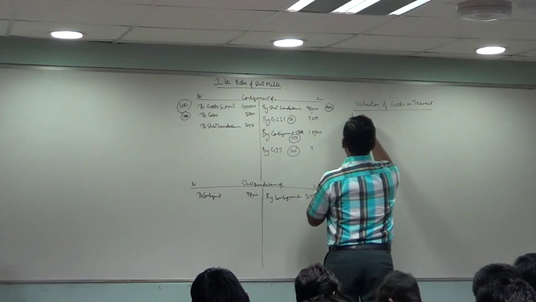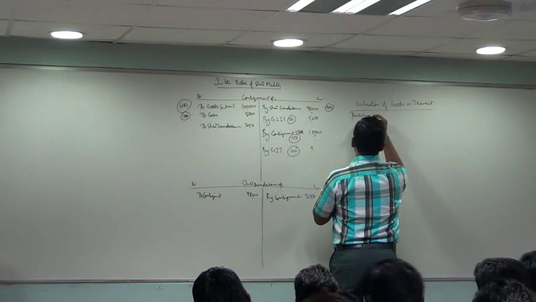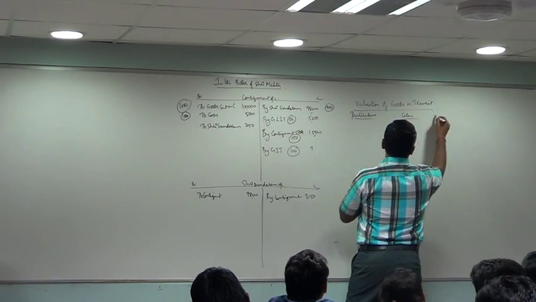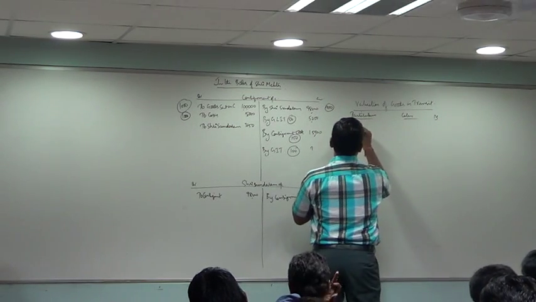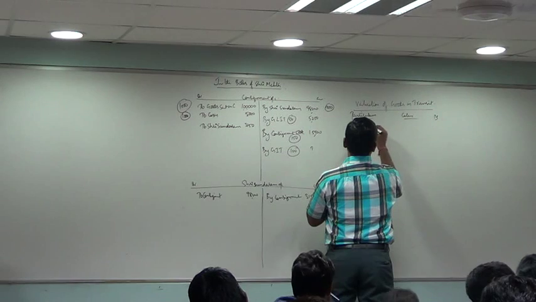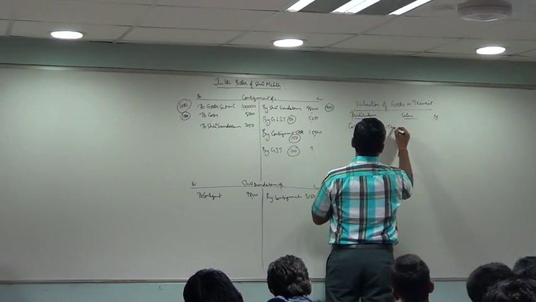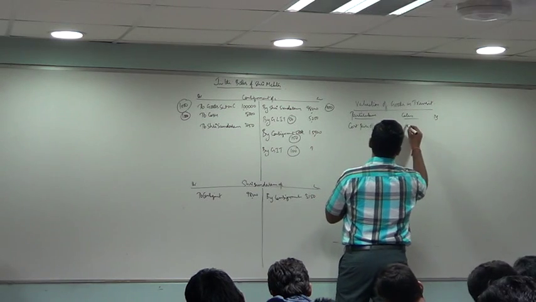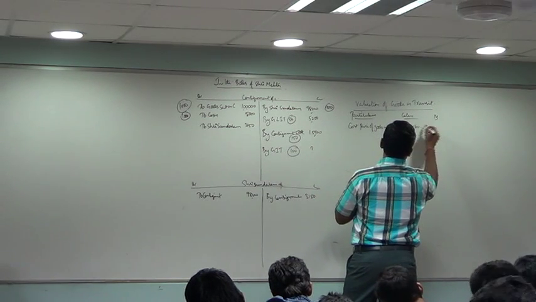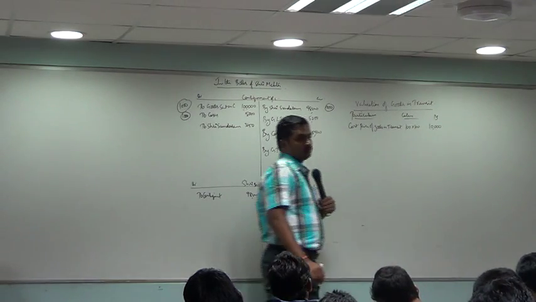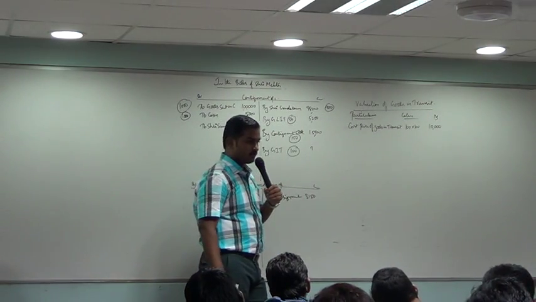Valuation of goods in transit. Particulars, calculation, rupees. Cost price of goods in transit: 100 into 100, 10,000.